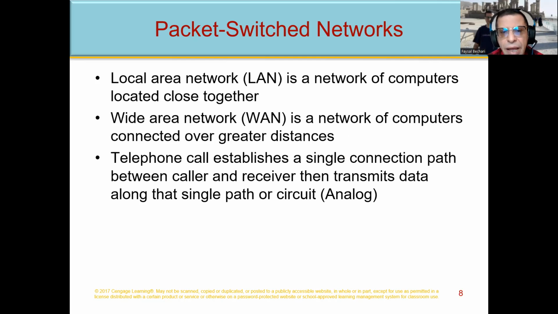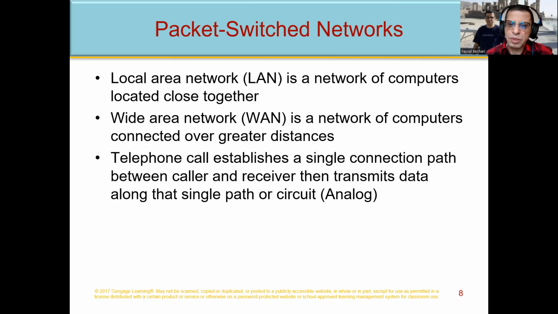Then we heard about LAN, WAN, and issues like analog and digital. Now, we'll talk about LAN. LAN stands for Local Area Network, and usually is a network of computers located close together. And then you have WAN, which is Wide Area Network, a network of computers connected over a greater distance.